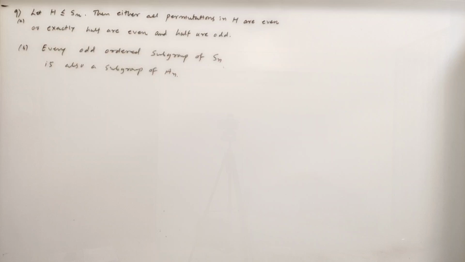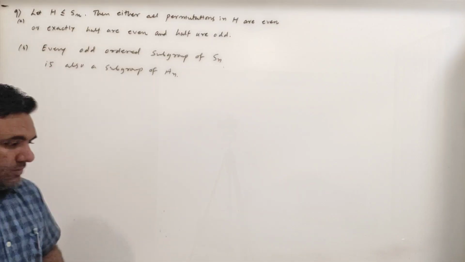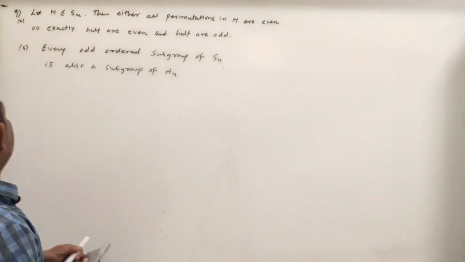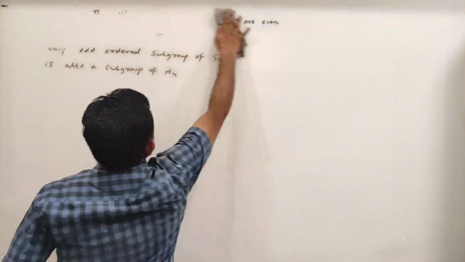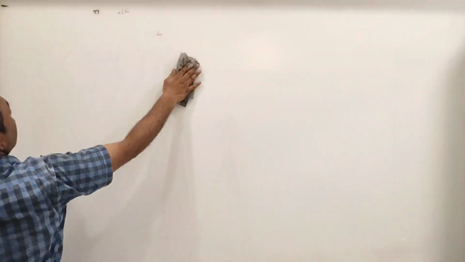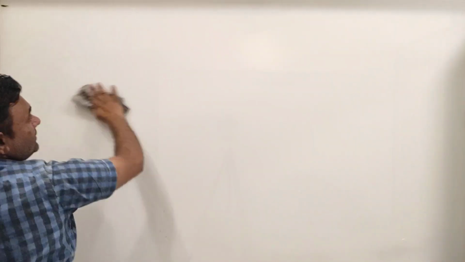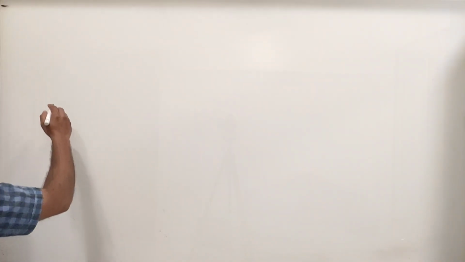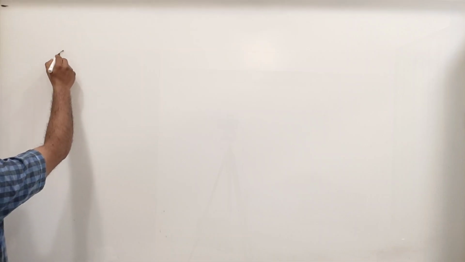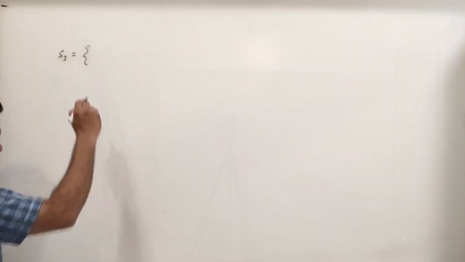Now let me discuss one concept. We are talking about SN right now, so let us discuss a new concept. See, for example, let me start with S3. You consider S3.